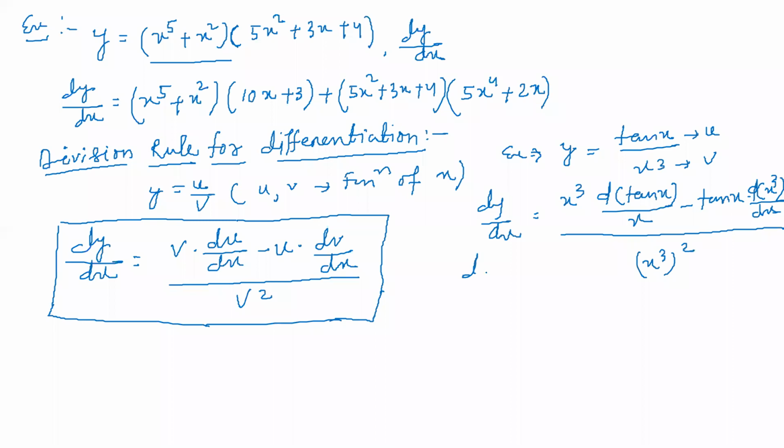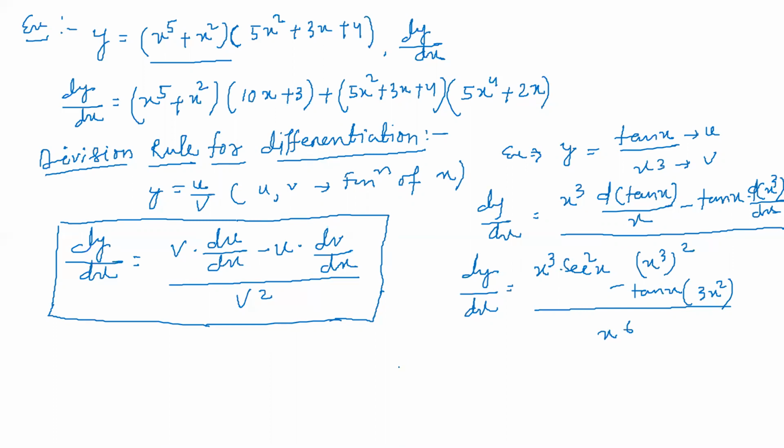So dy by dx is equal to, students, x cube will be in the place of x cube. The derivative of tan x, you know, is sec square x. So I wrote here sec square x minus tan x will be in the place of tan x. And the derivative of x cube is 3x square, divided by x cube square, that is x to the power 6.